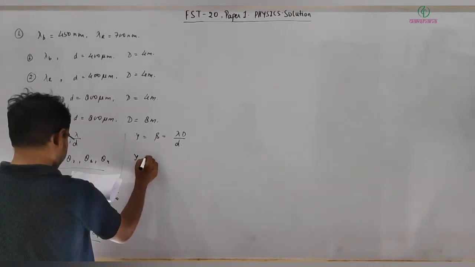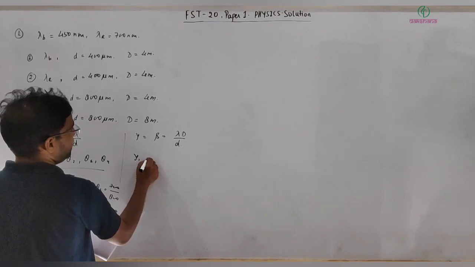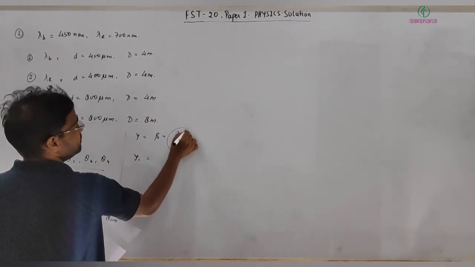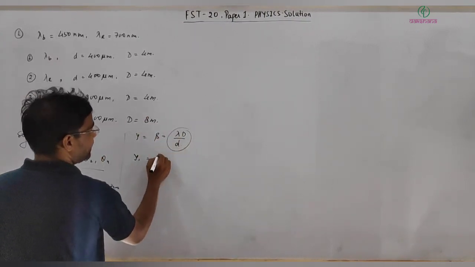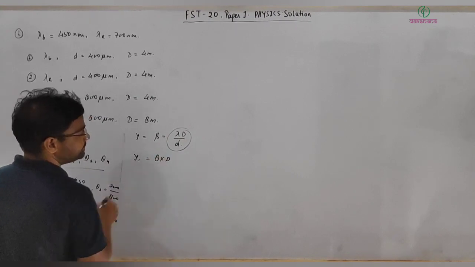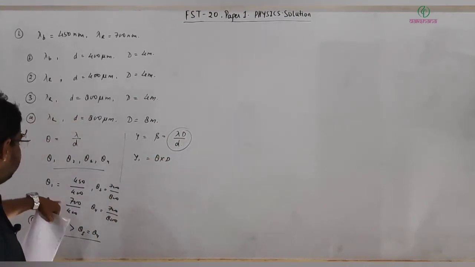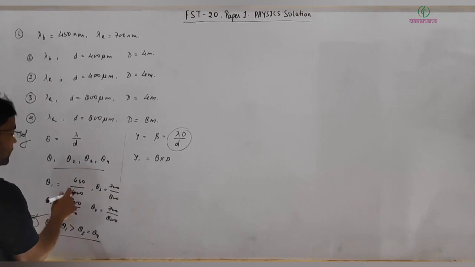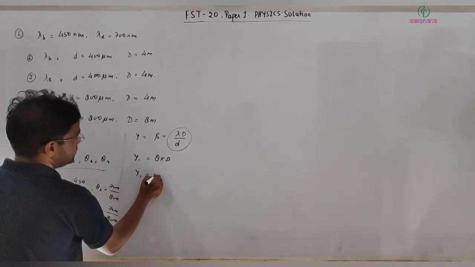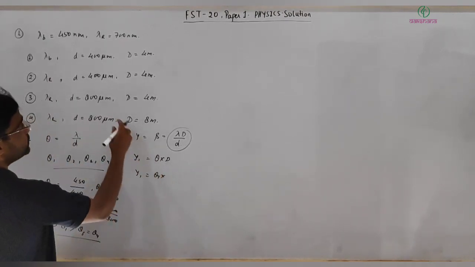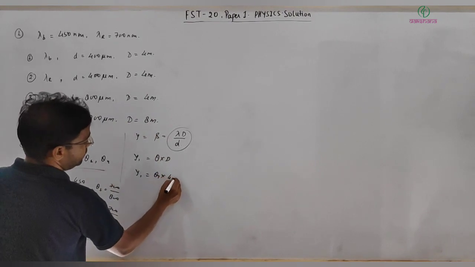Similarly, for y1, what is y1? Lambda capital D by small d, which is theta multiplied by capital D. So y1 is theta 1 into D, where D is 4 meter.